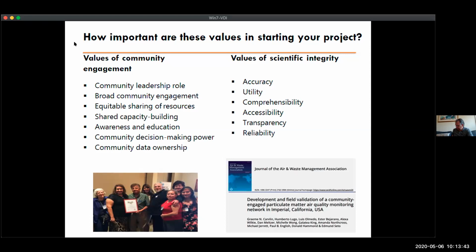At the heart of this is making sure that the community partners are really engaged in decision making around how broad community engagement happens, and what capacity building looks like throughout the process, so that they can take more incremental steps towards maintaining the network over time.